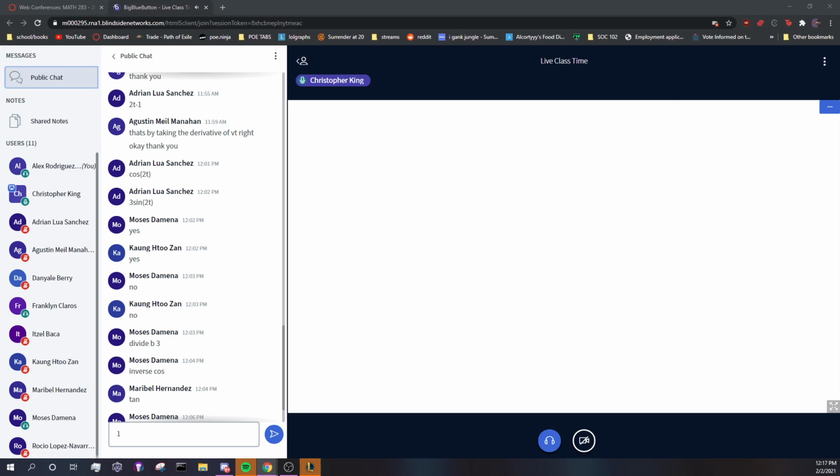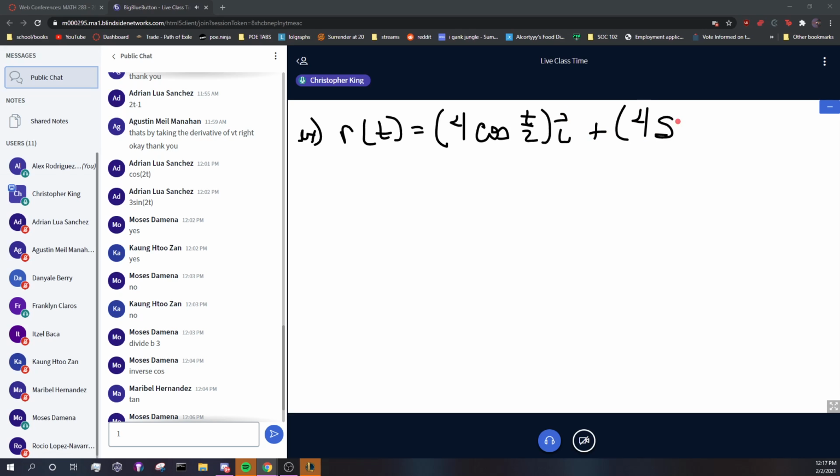So in our next example, we are told that our position vector is defined as 4 cosine of t over 2 in the i direction plus 4 sine of t over 2 in the j direction.